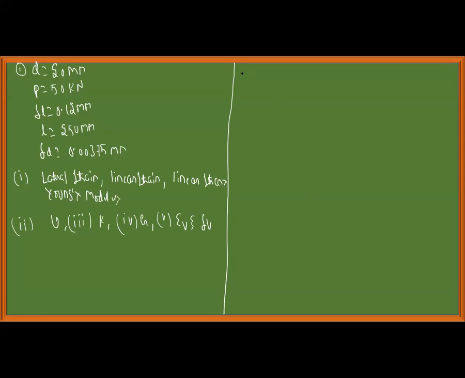Linear strain is equal to change in length by original length, which is equal to change in length 0.12 divided by original length 250.